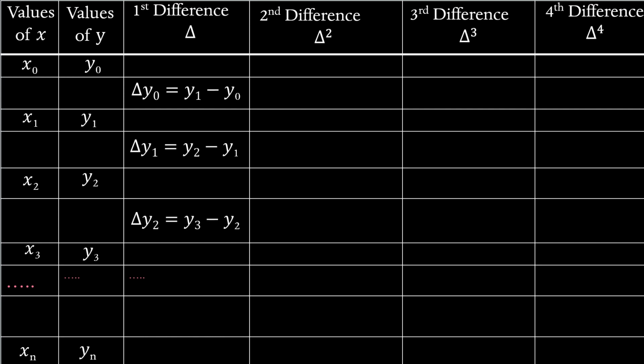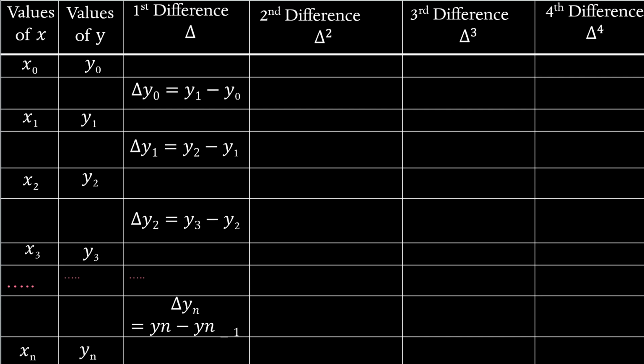You can observe it has been written in the middle of the y3 and y2 rows, but in the next column, that is, in the column of the first difference. Similarly, we can write for delta y3, delta y4, delta y5, etc. And the last one will be delta yn is equal to yn minus yn minus 1.